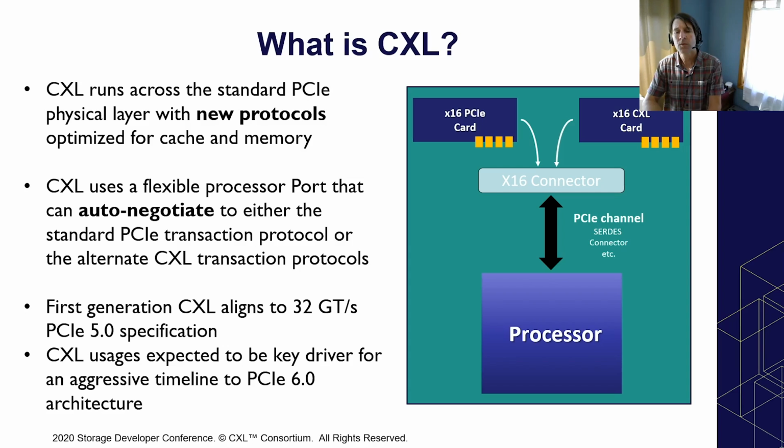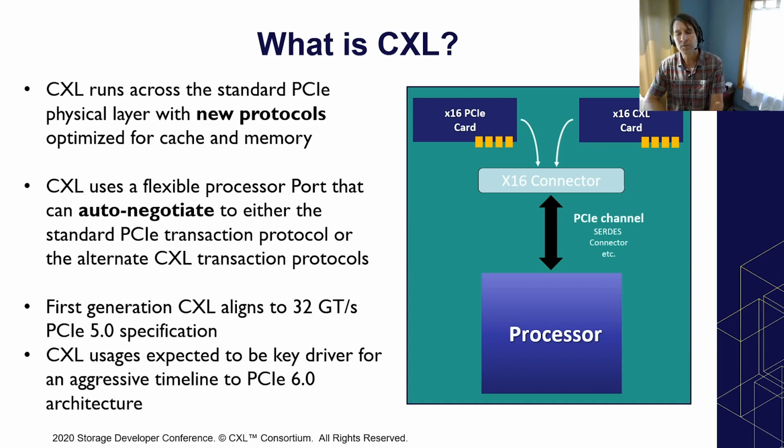CXL uses the existing PCI Express port and physical layer, and auto-negotiates to either a standard PCI Express device or a CXL device. As you can see in the picture on the right, in a platform you can plug either a PCI Express card or a CXL card into the same connector, showing x16 as an example, but other widths would be supported as well.